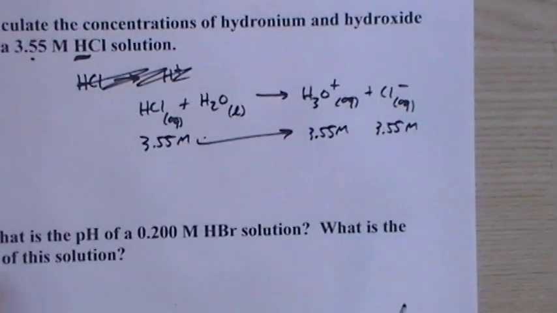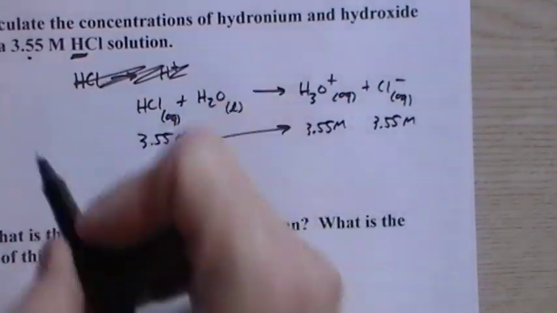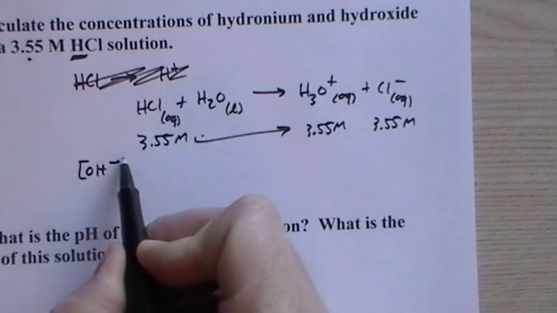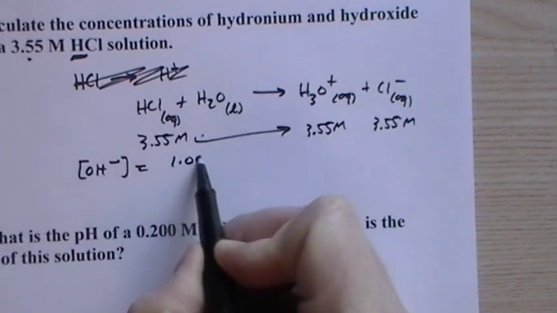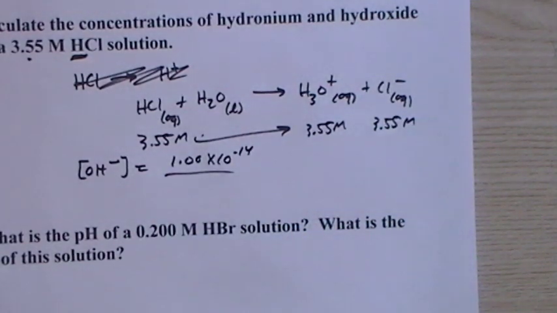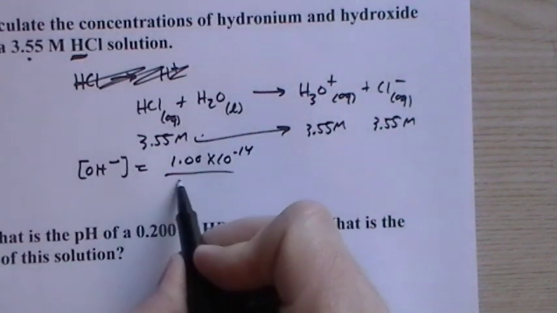If this had been sodium hydroxide, our OH minus concentration would have been the same. So seeing this stuff, if you have to do out the ice table, that's fine, but you should be able to do this fairly quickly. These types of problems, because they're not weak acid or weak base problems where we'll see that next, where they can get very involved.